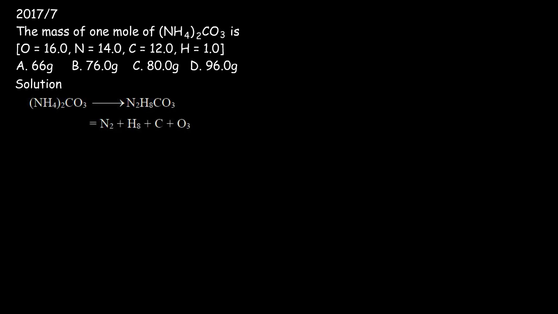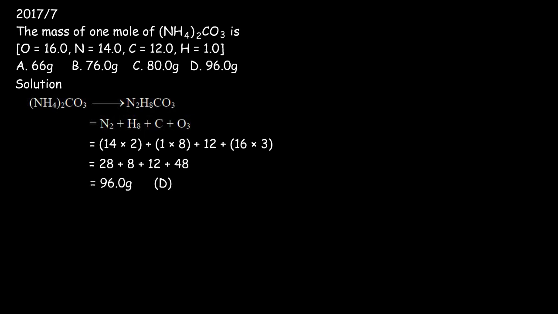Now, splitting this, it becomes N2 plus H8 plus C plus O3, and replacing them with the atomic masses, it will be equal to 14 times 2 plus 1 times 8 plus 12 plus 16 times 3, which should be equal to 28 plus 8 plus 12 plus 48, which is equal to 96 gram. So 1 mole of ammonium carbonate is 96 gram.